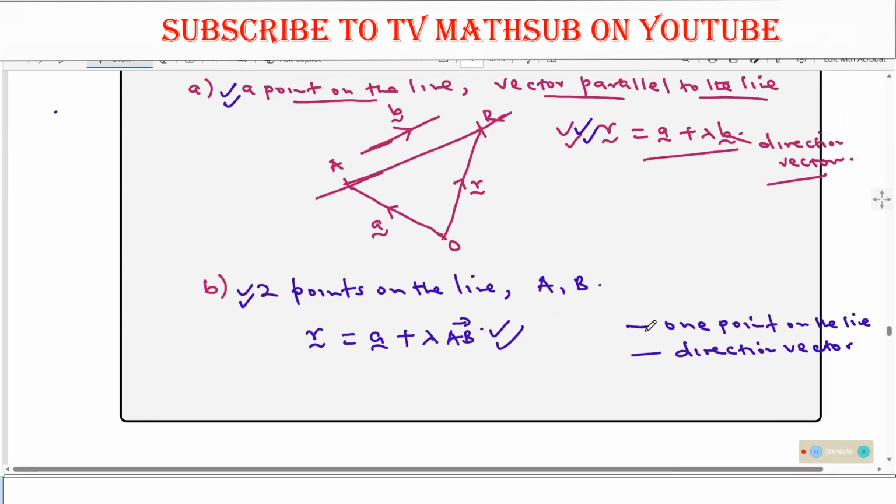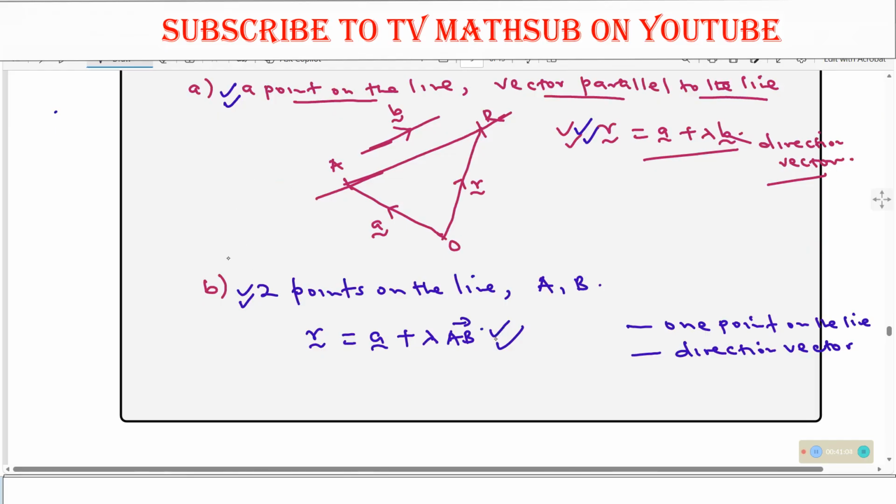But if your line is passing through 2 points like A and B, then you use 1 point, like the vector A, and the direction vector you obtain by getting the displacement AB. So that is how we define a line.